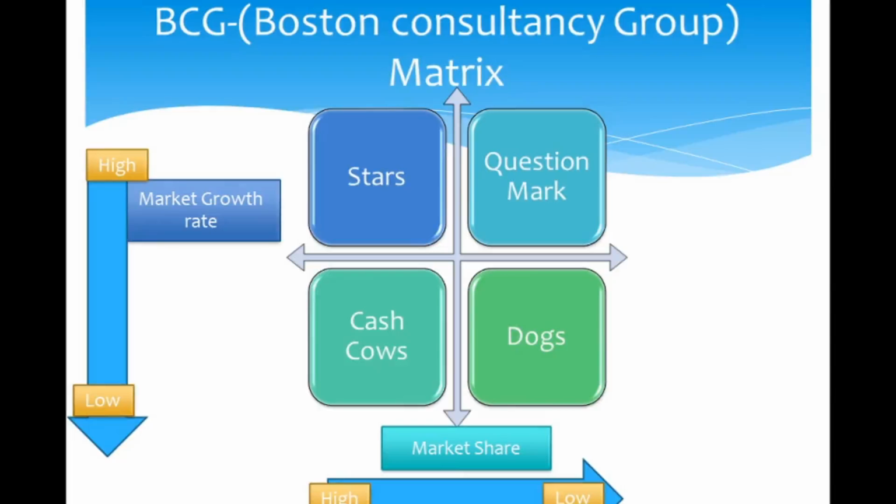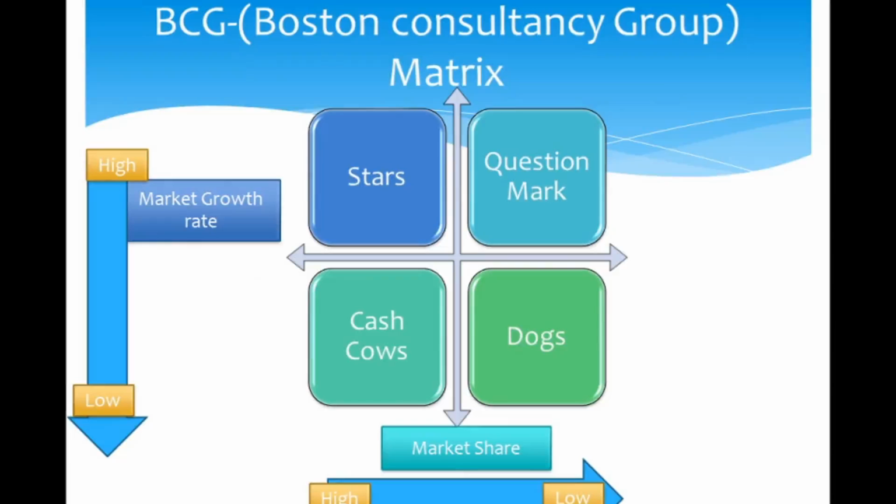So the question mark has a potential to become a star if all these things are taken. In the sense, you identify what is the reason why your competitors are selling more and why are consumers not preferring your product. If you identify that, well and good, you can become the star.